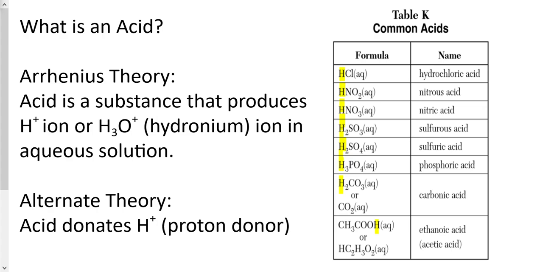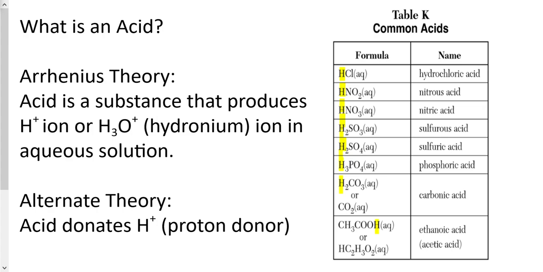So, what is an acid? According to Arrhenius theory, an acid is a substance that produces H+ ion or H3O+ ion, which happens to be known as the hydronium ion, in an aqueous solution. So you need to know that according to Arrhenius theory, an acid is a substance that produces hydronium ion.